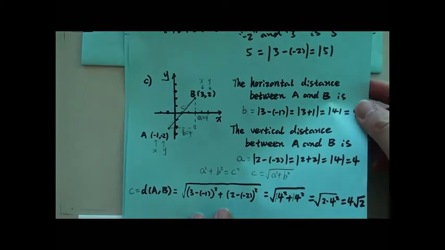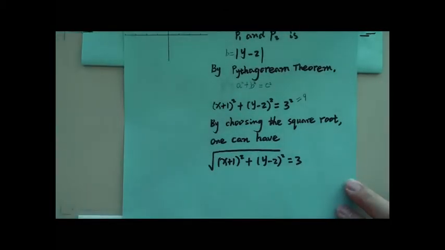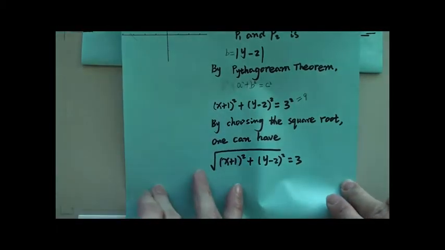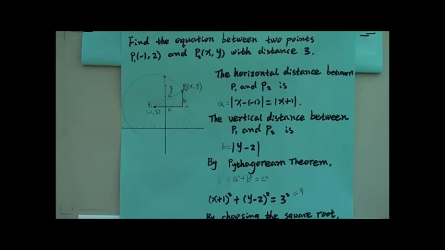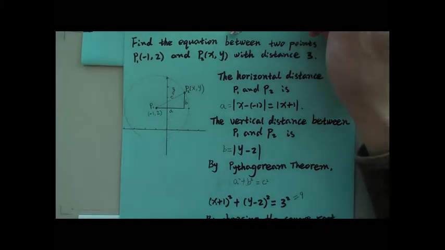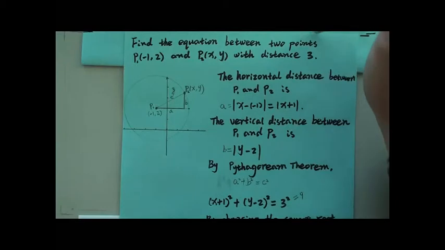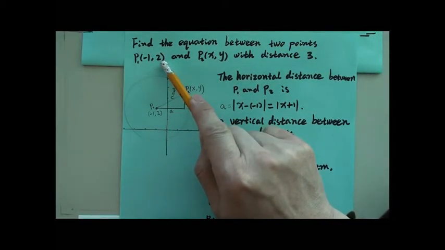Now, why do we need to talk about that? If we look at the following example, it's going to be very useful. Look, this one says find the equation between 2 points. P1 is negative 1, 2.